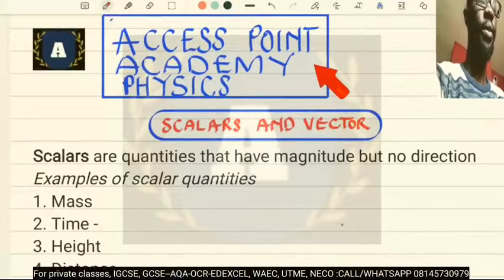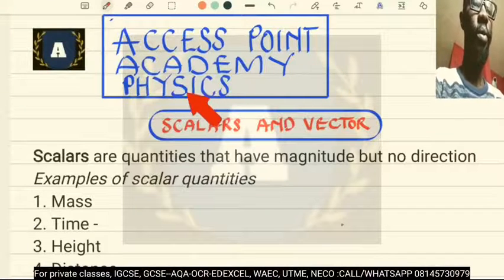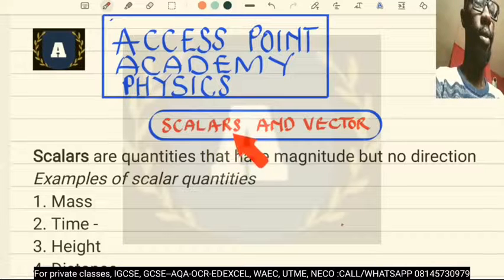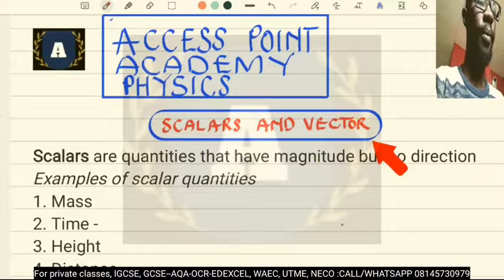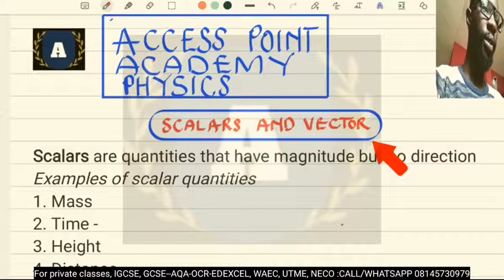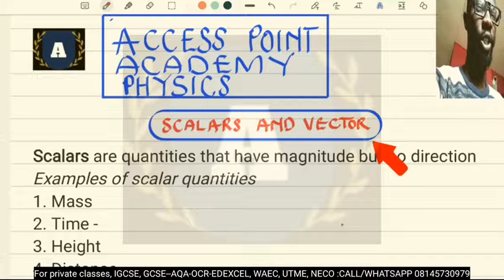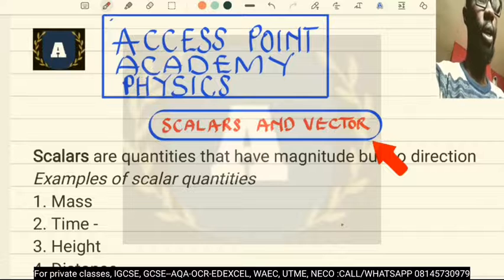Video series. And in our physics class today, we shall be discussing the topic scalars and vector. In this topic, we're going to divide it into two parts, part 1 and part 2, so we can actually cover a lot of things.